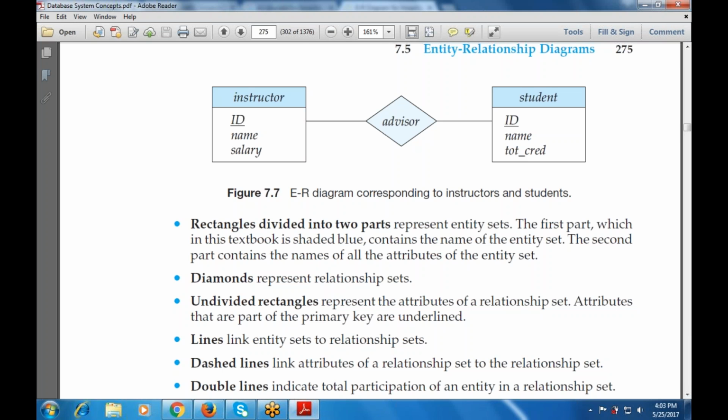Then an undivided rectangle represents the attributes of a relationship set.